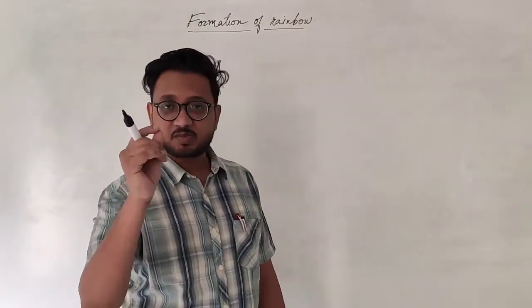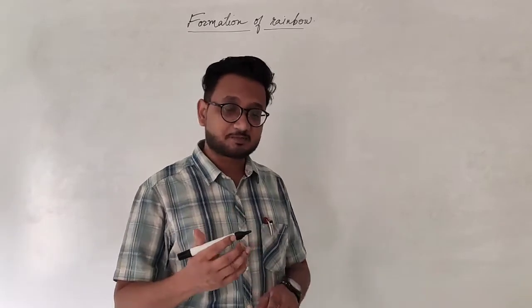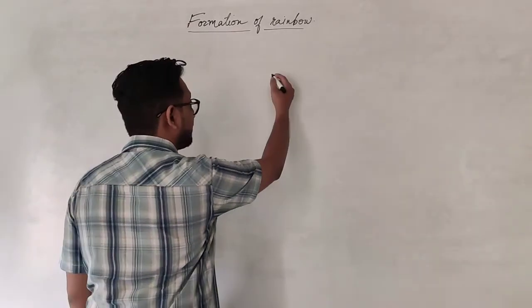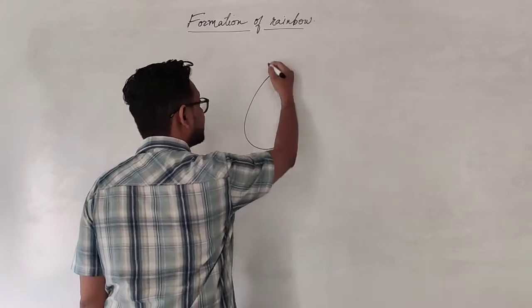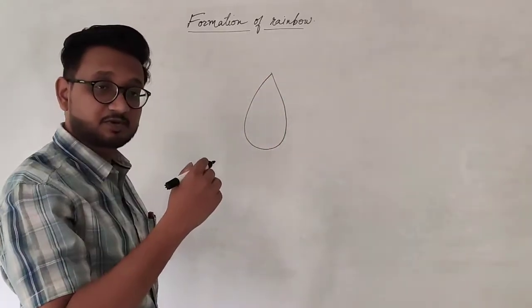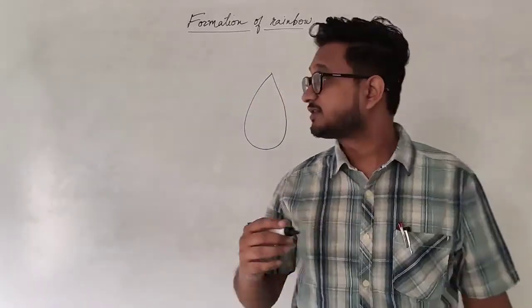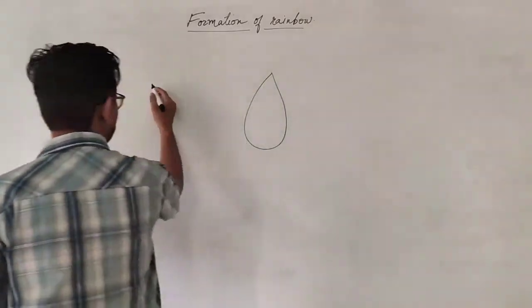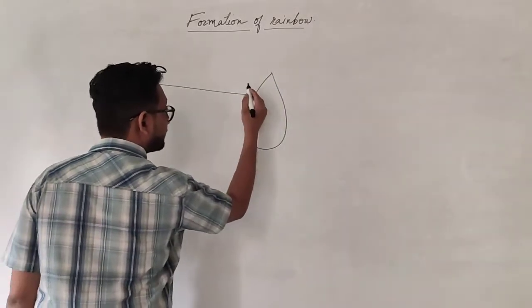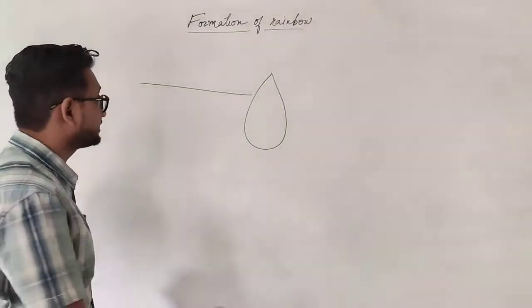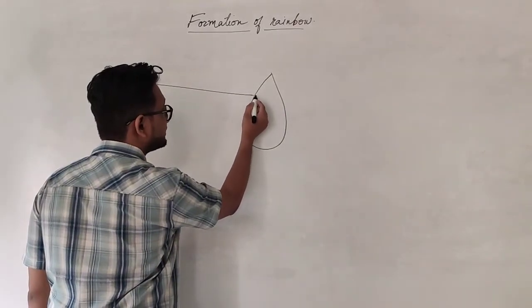But it is a little bit different than the prism. The shape of the water droplet is similar to that of a prism, and therefore whenever a beam of white light strikes it, we know what happens. As soon as it strikes, all the colors are dispersed.